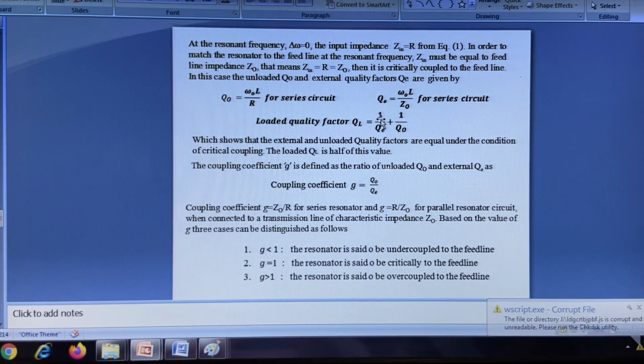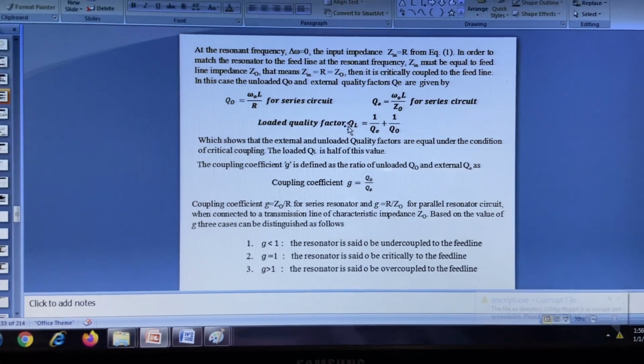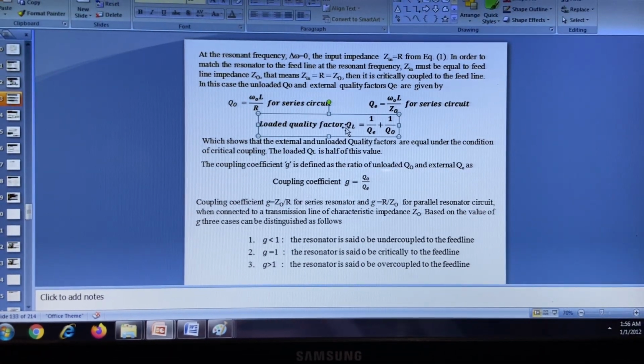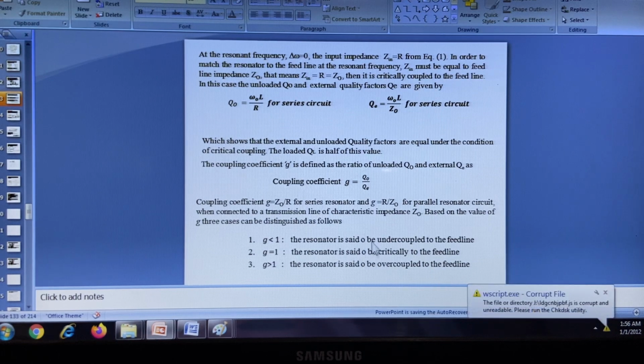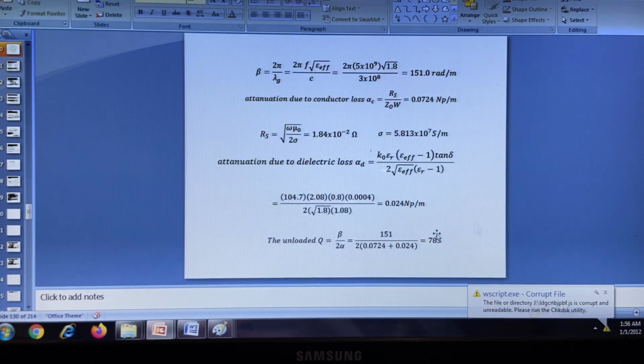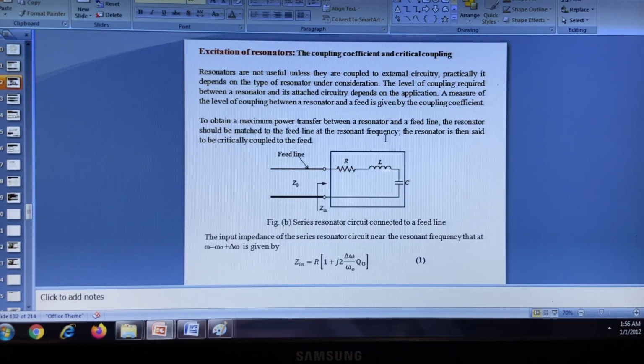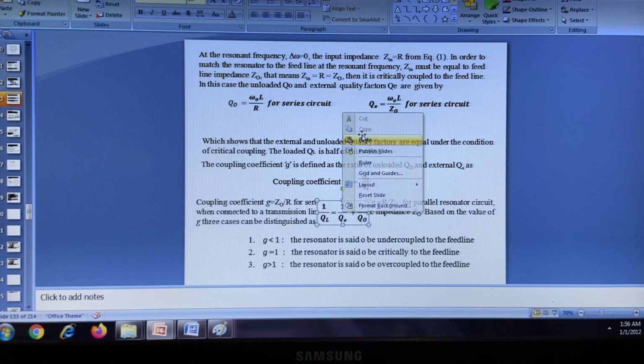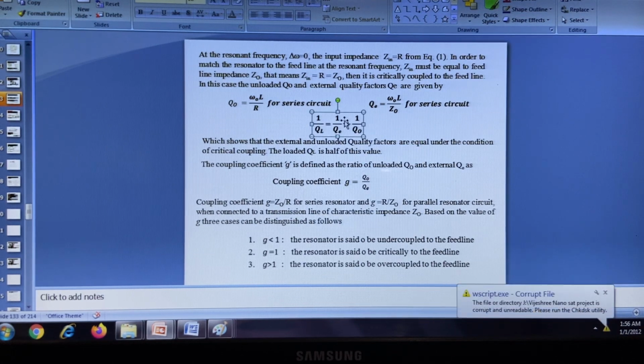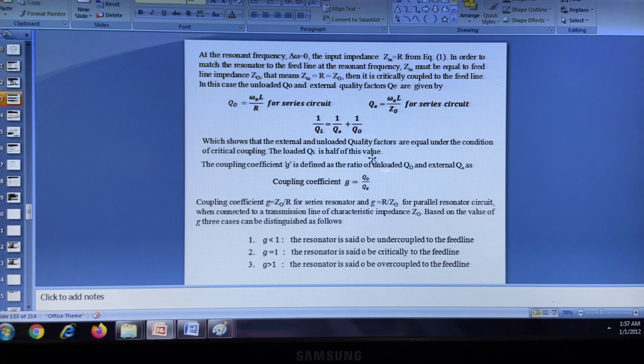This here gives the loaded quality factor. If you substitute here and find the loaded quality factor QL, it will become half of the unloaded quality factor.